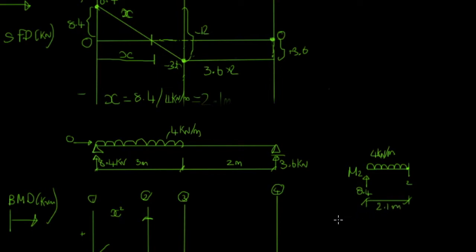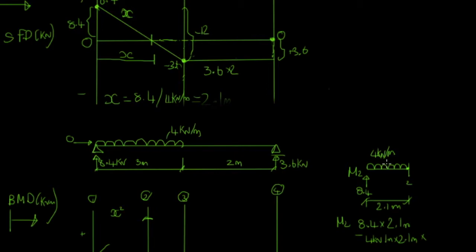So moment 2 is going to look something like 8.4 times 2.1, which is the lever arm from here to here, take away 4 kilonewtons per meter times our 2.1 to get the total load, and then the lever arm of that.